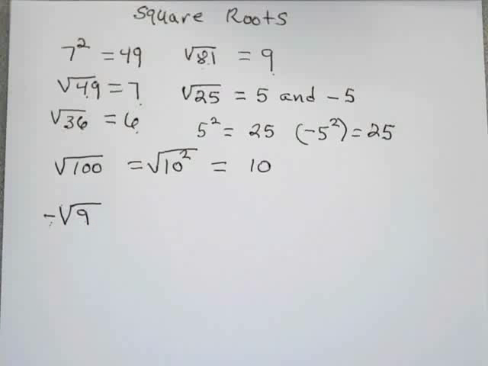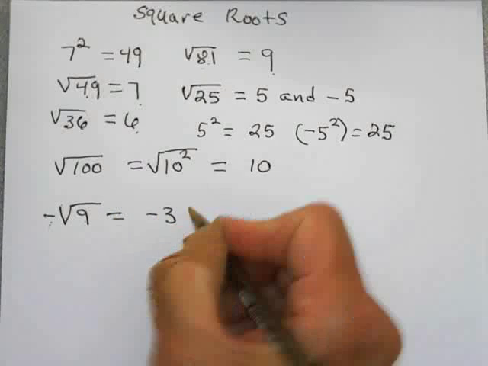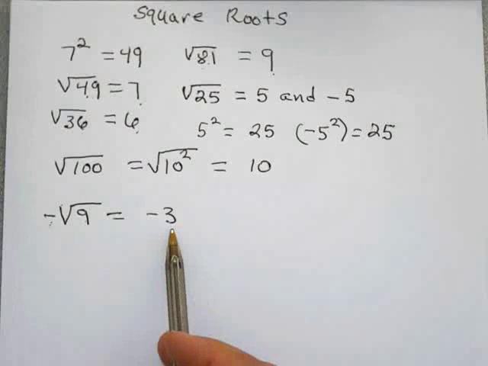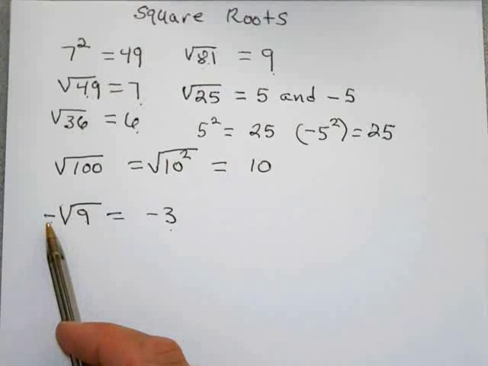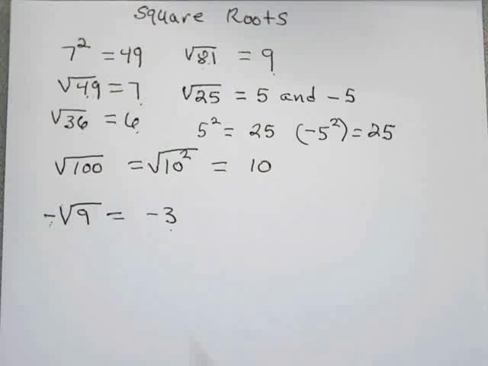Well, the square root of 9, of course, would be 3. But the opposite of the square root of 9 would be negative 3. And that would be how we would get a negative if we had a negative symbol outside of the radical when we were finding a square root of a number.